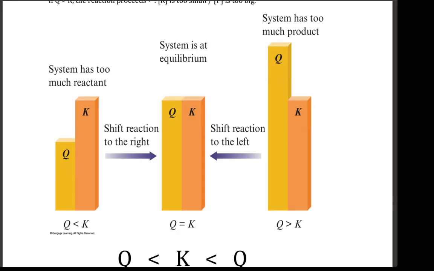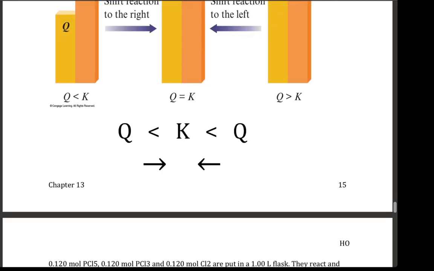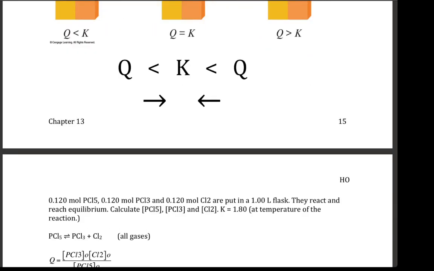Here's a diagram from your book that shows the direction the reaction shifts. When Q is less than K, it shifts to the right. When Q is greater than K, it shifts to the left. Another way to remember that is to think of it as a number line.